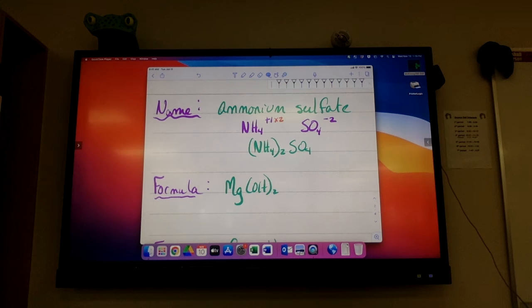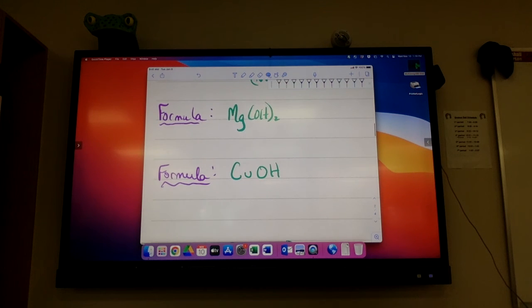You good? Questions on this one? Mg(OH)2. So I give you the chemical formula, now I want the name.